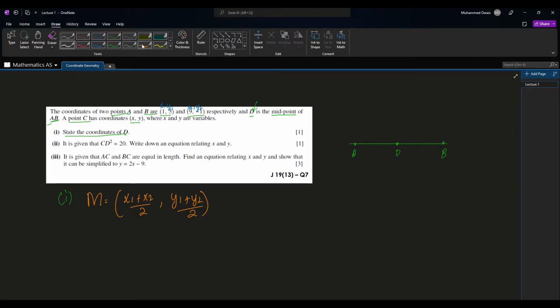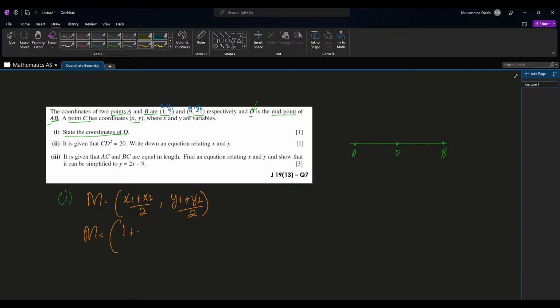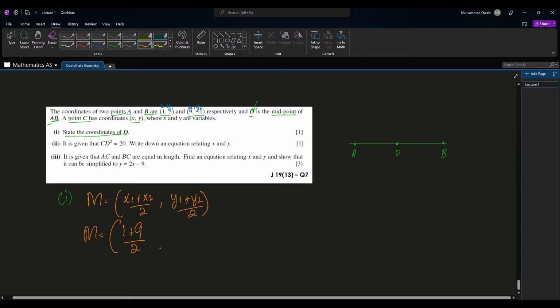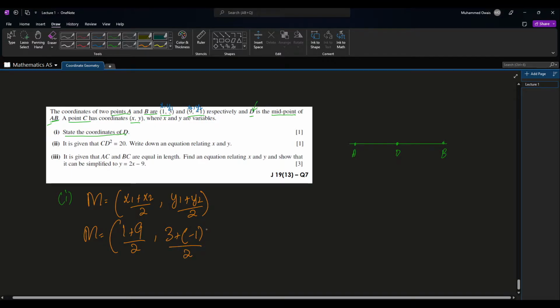Alright, let's plug it into the equation. M is equal to x1 is 1, x2 is 9, over 2, and y1 is 3, y2 is minus 1, over 2.